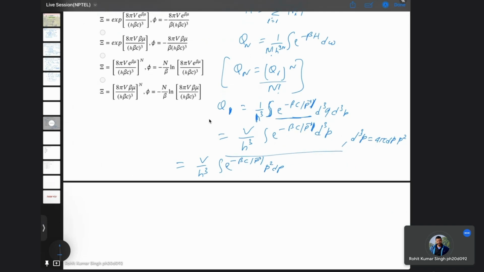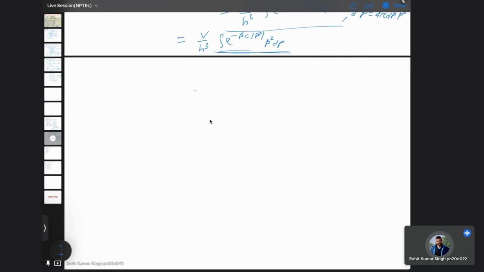Yeah, and this is a very famous integral, right? So to calculate this integral, what you can do is you can use the substitution method, or use integral by parts.